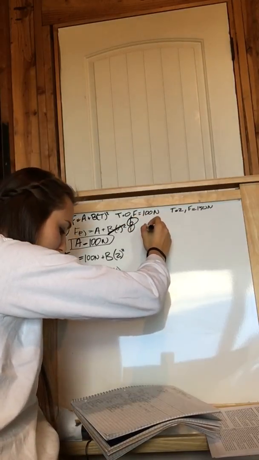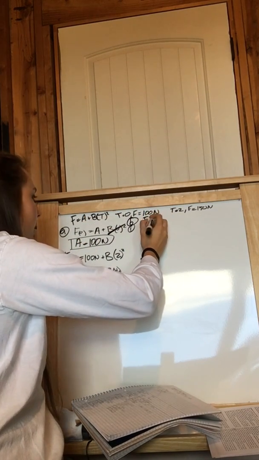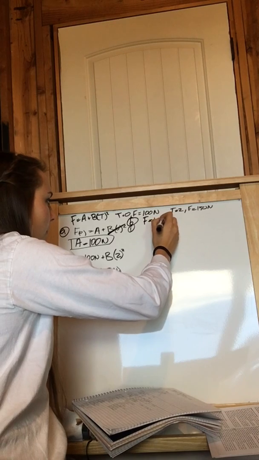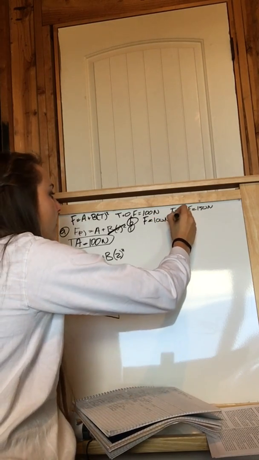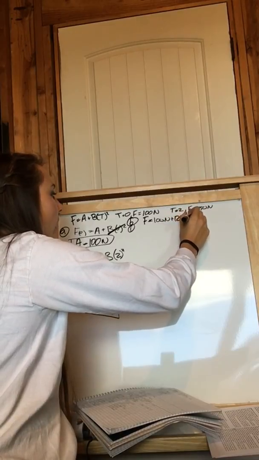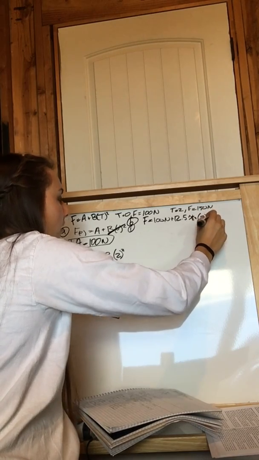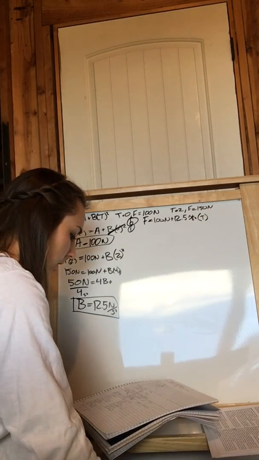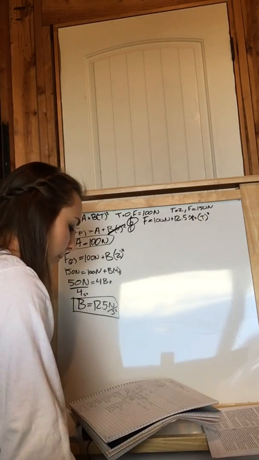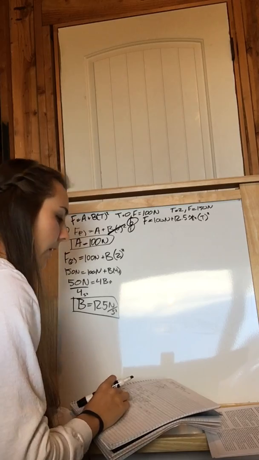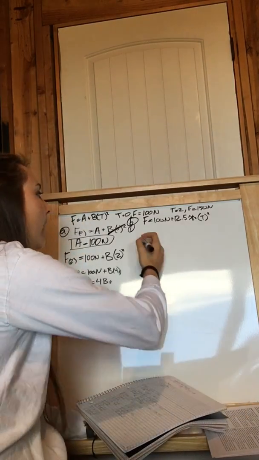So our equation now becomes F equals 100 newtons plus B, which is 12.5 newtons per second squared, times T squared. For part I, it wants to know what it is right after it launches. So I just plugged in 0.01, and that worked for me.